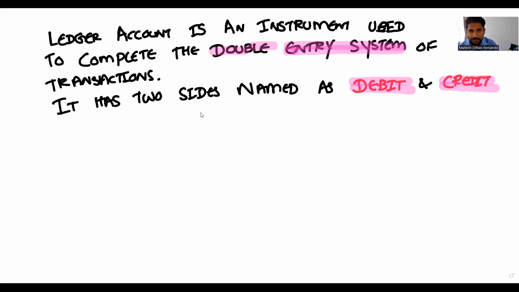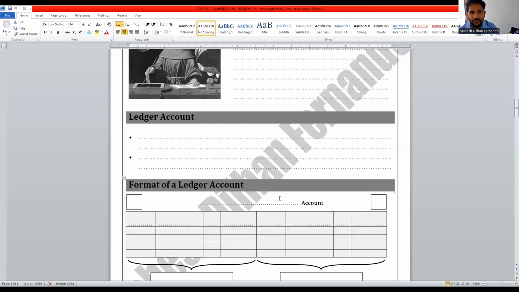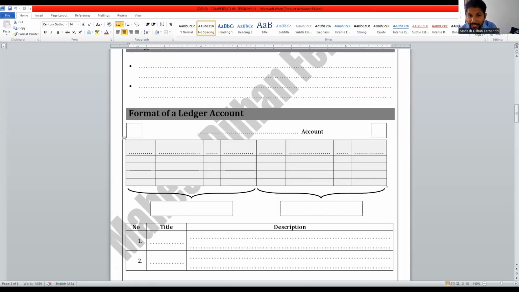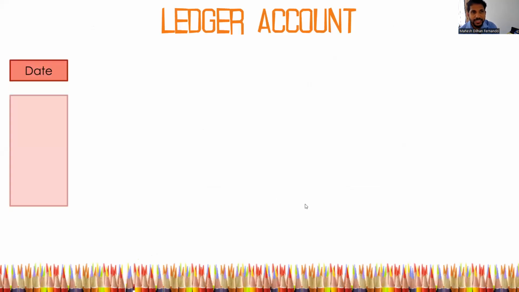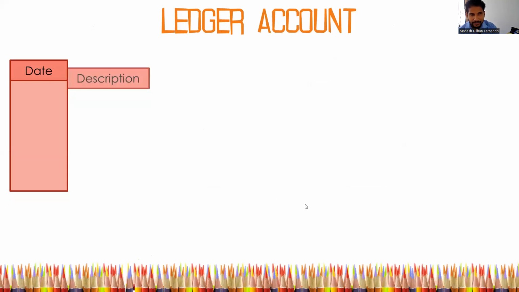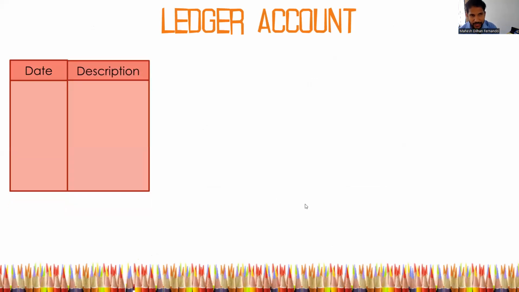Let me take you to the presentation again. Then in the tutorial, we have the format of a ledger account. Normally, these are the columns that we have to record. We have the date column first. Then the second column, description.